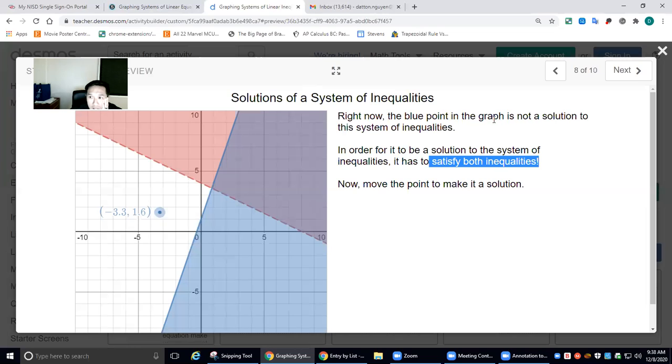Can somebody else, like a new person, tell me where I should move this point to make this a solution of both equations? Bailey did one before. Can someone else tell me where I should move this?